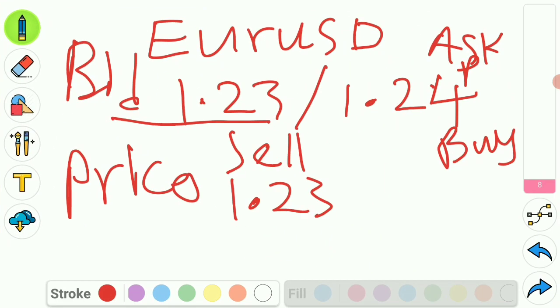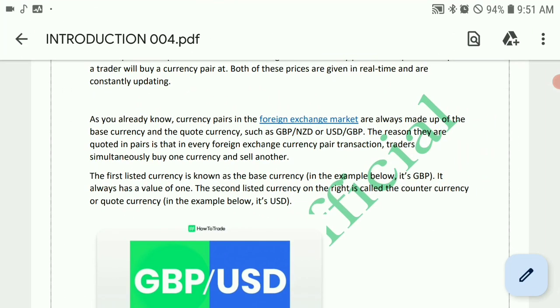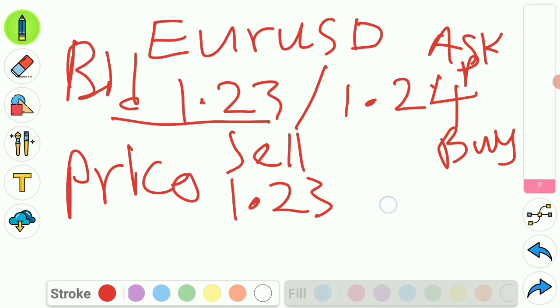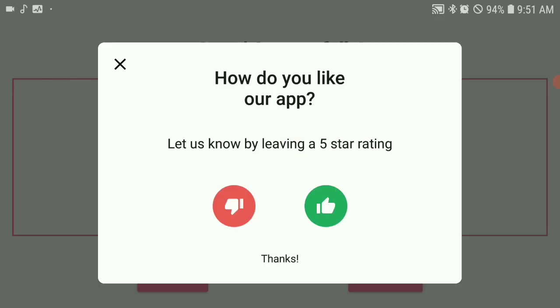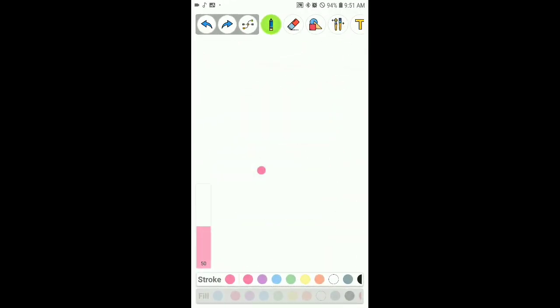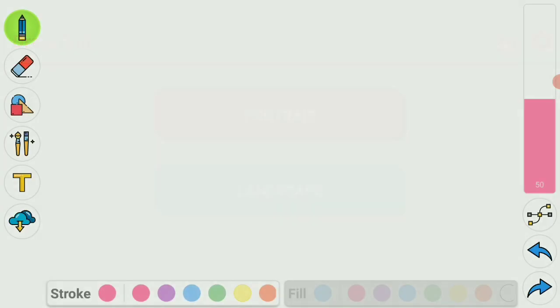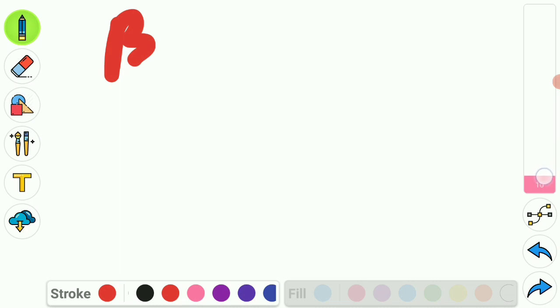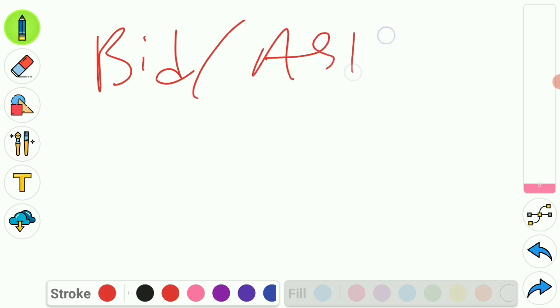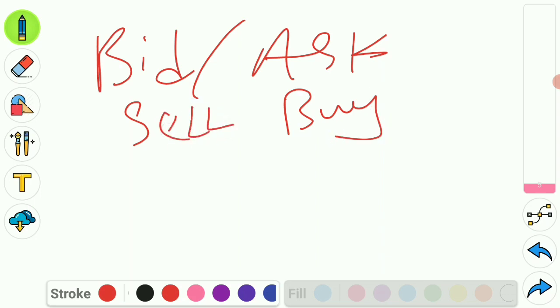So in the bid price slash ask price, it is sell and buy. These are the two things.